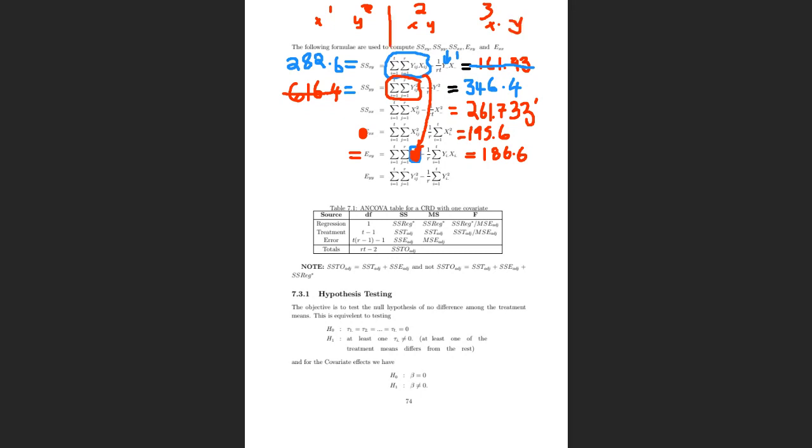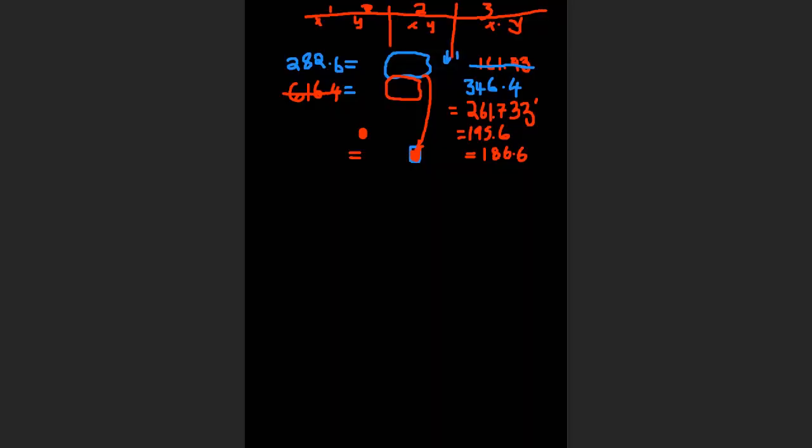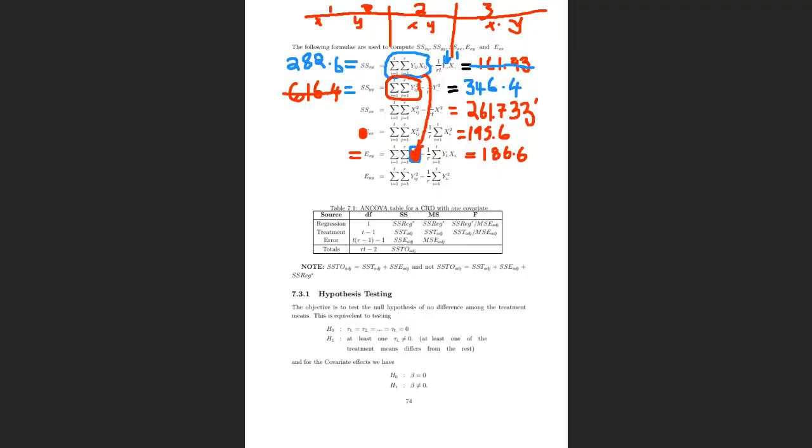From the 3 tracks. So for you to find this part here, you multiply. Since now you have the sum, you have the sum of these values from each and every treatment, right?